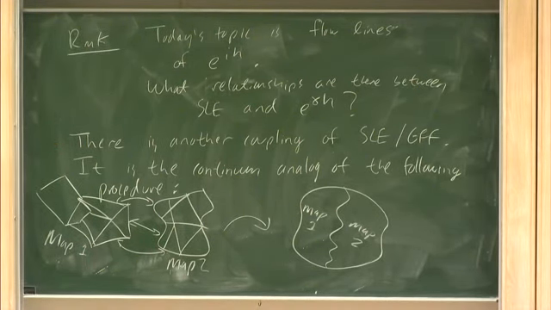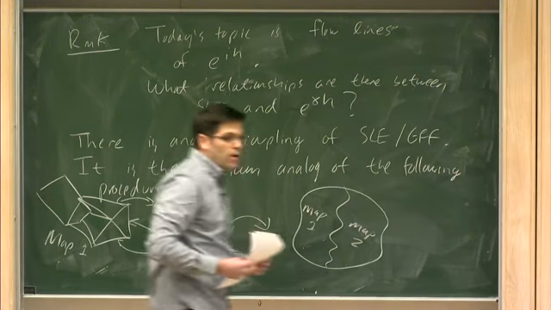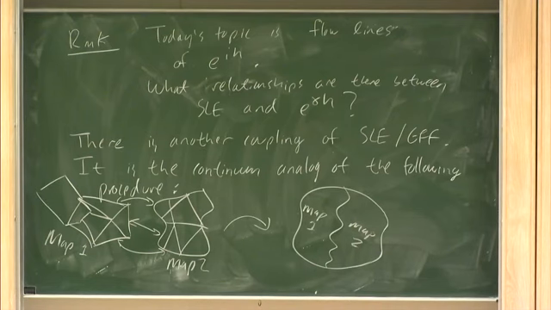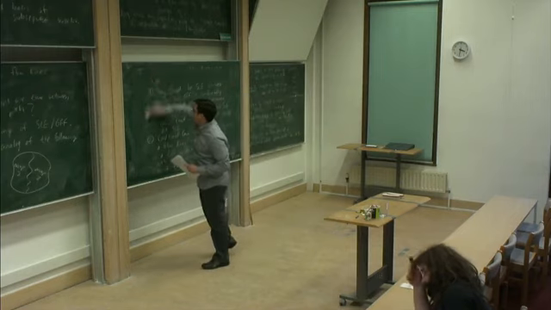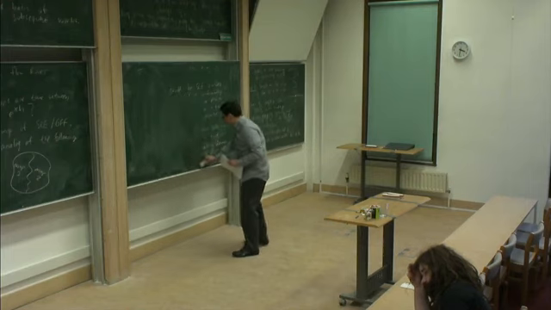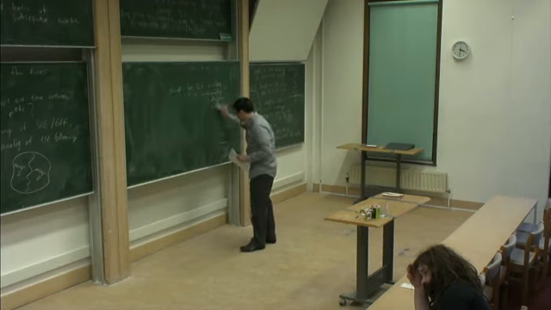These two couplings also play well with each other, and unfortunately we don't have time to talk about that. But they turn out to be very closely connected: e to the iH and e to the gamma h.